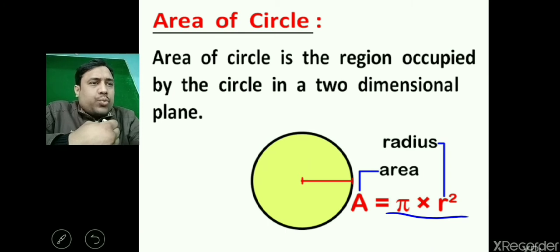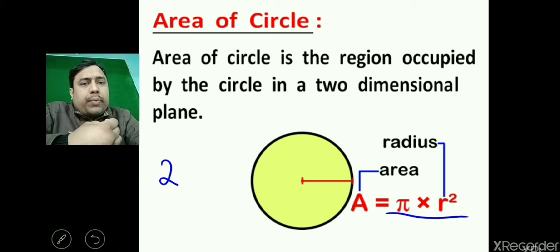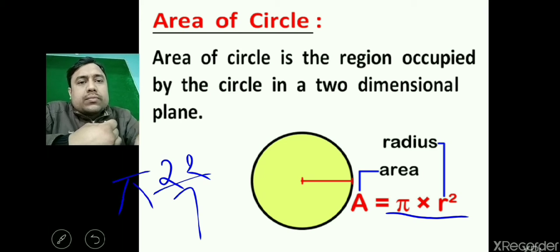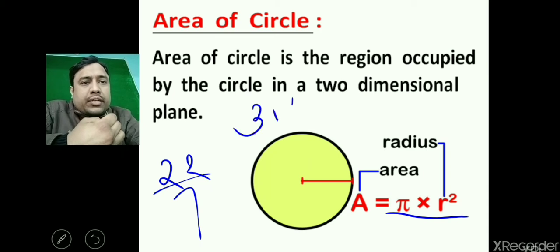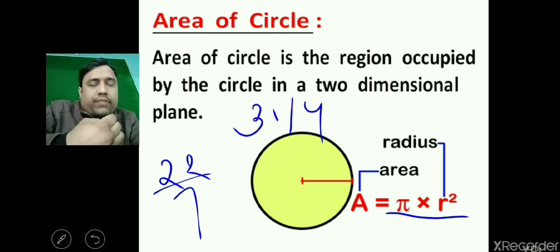If pi is not given, you will take 22 by 7, don't find the circumference and diameter for that. In decimal you will take its value 3.14.